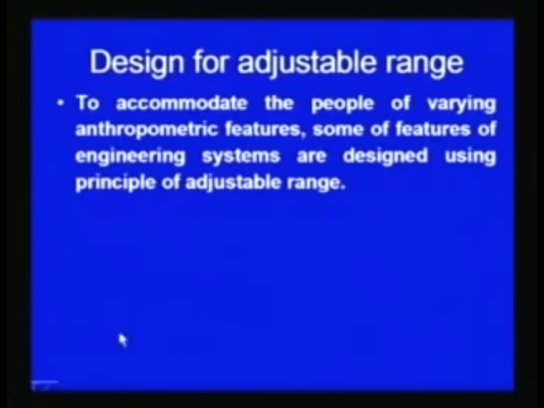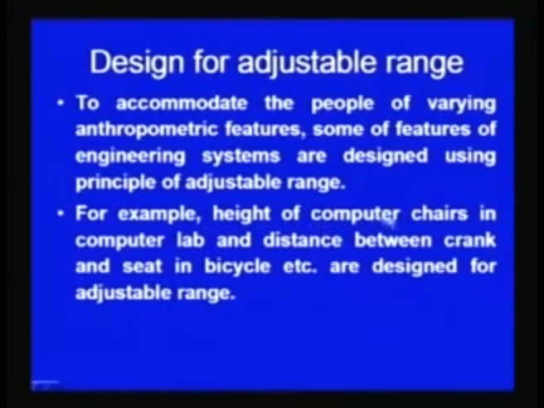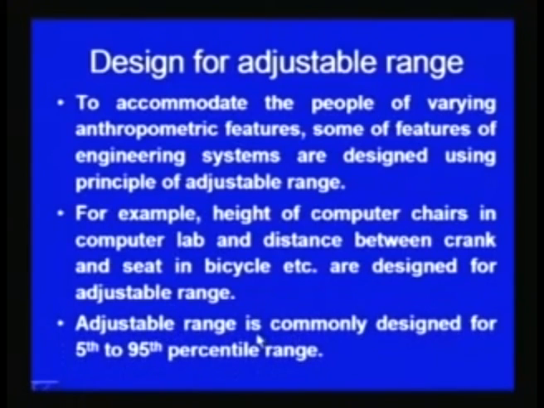To accommodate people of varying anthropometric features, some features of engineering systems are designed using the principle of adjustable range. For example, the height of the computer chair in the computer lab, or the distance between the crank and the seat in a bicycle, are designed for adjustable range. Adjustable range is commonly designed for the 5th to 95th percentile range of the population.